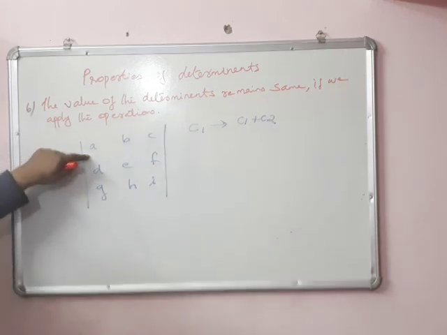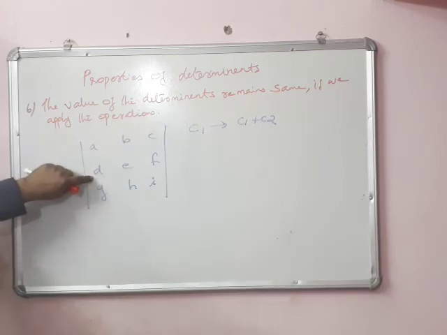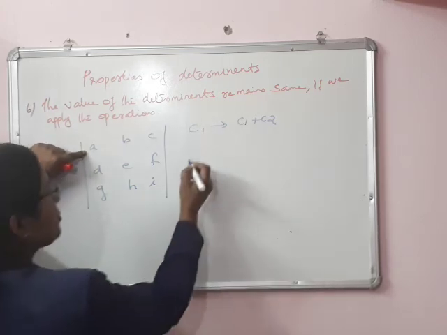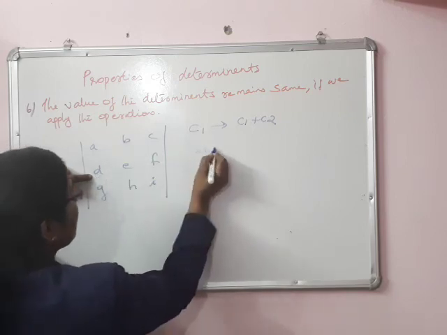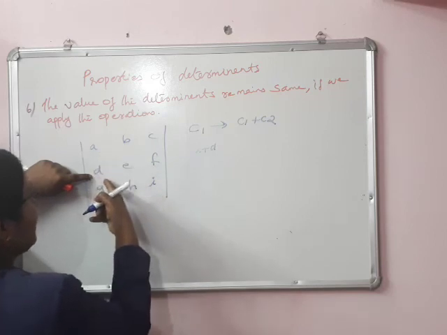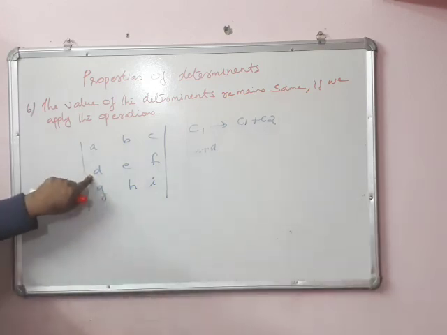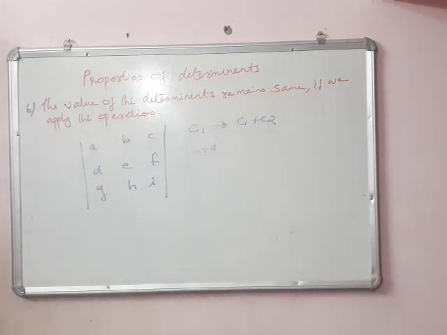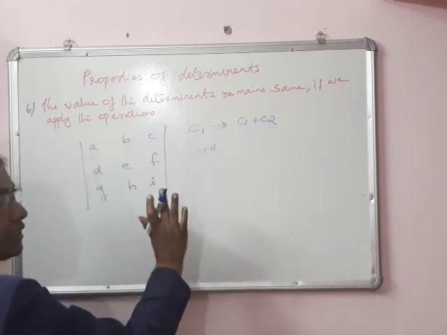How? C1 becomes A plus D. Like that I can do any operations. The first column we can add or subtract or multiply with any constant. If I do any such operations, there is no change in the result.